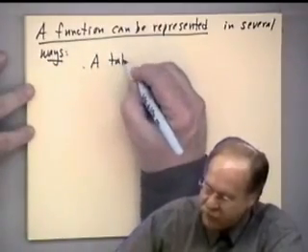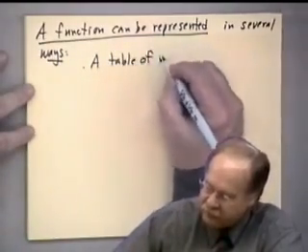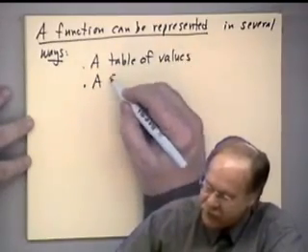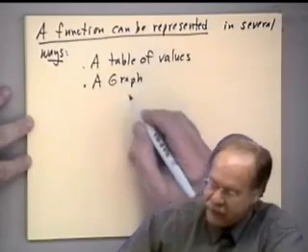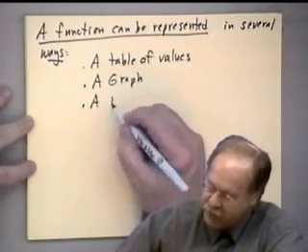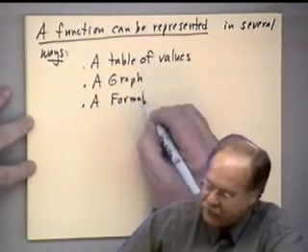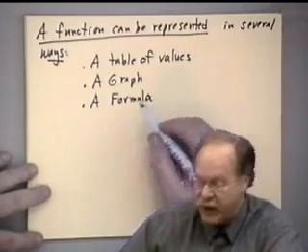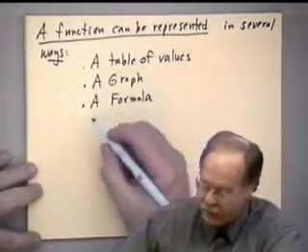One is it can be represented as a table of values. Secondly, it can be represented as a graph, and we'll talk more about this a little later. It can also be represented as a formula, an algebraic formula, which is a very familiar way for many students to remember functions, but it's not the only one, as you can see here.